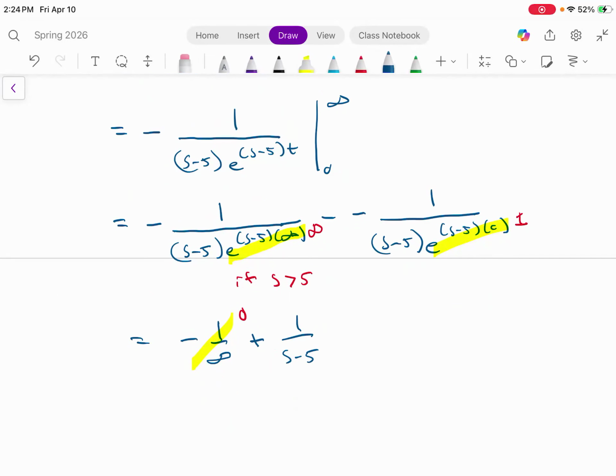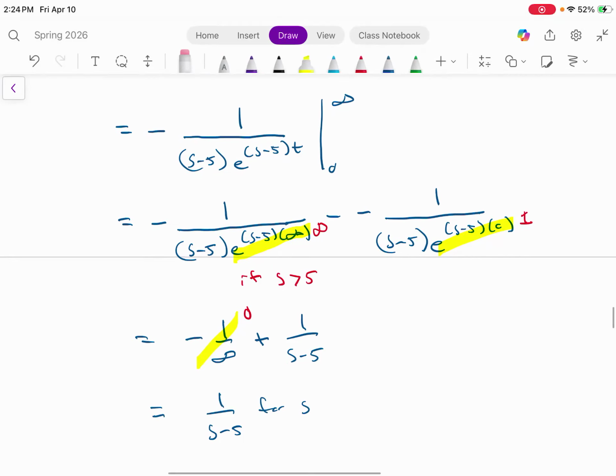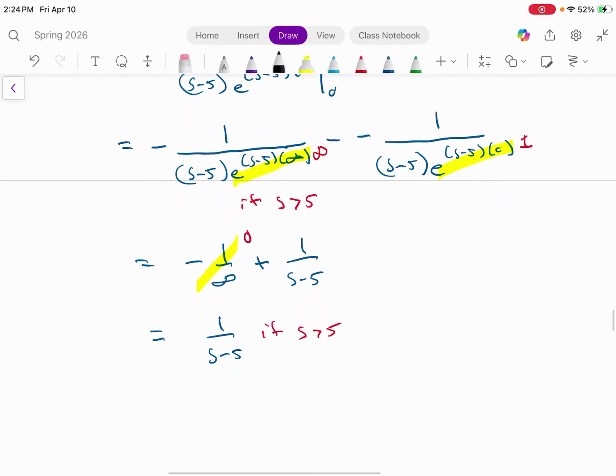And so what I'm left with is just 1 over s minus 5, if s is greater than 5. So therefore, my Laplace transformation is 1 over s minus 5 for s greater than 5.